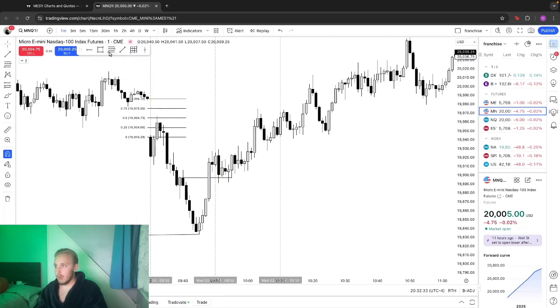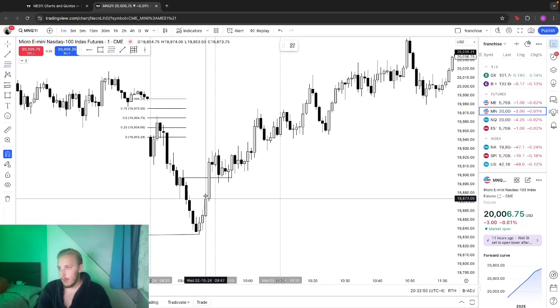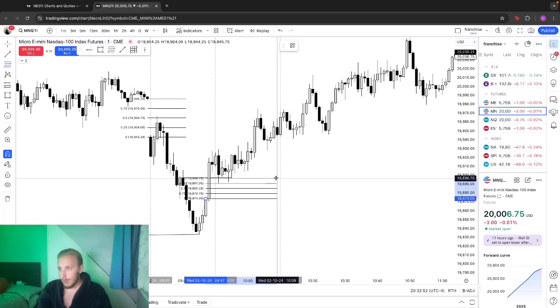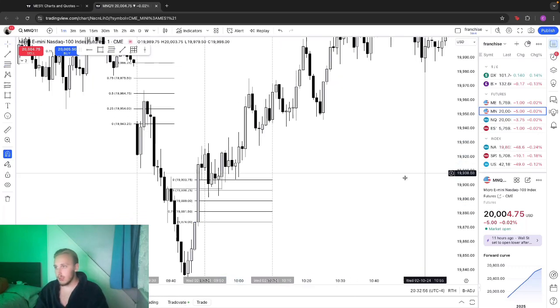Where could our entries be? Well, we've got a fair value gap right there. This is personally the one that I showed to the guys on the Discord, the entry that I probably would have taken. So let me mark that same gap, but with our quadrants now.